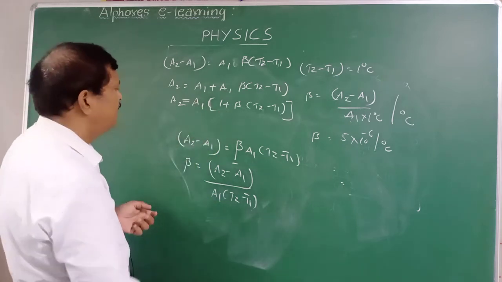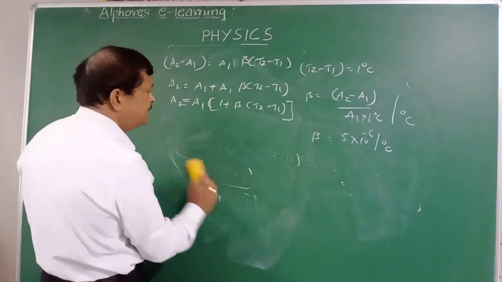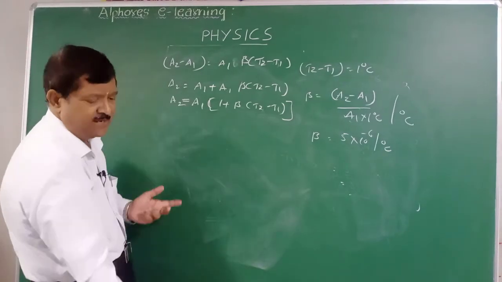So in absolute terms, you can find out the final area. And now you can express it in terms of small changes.